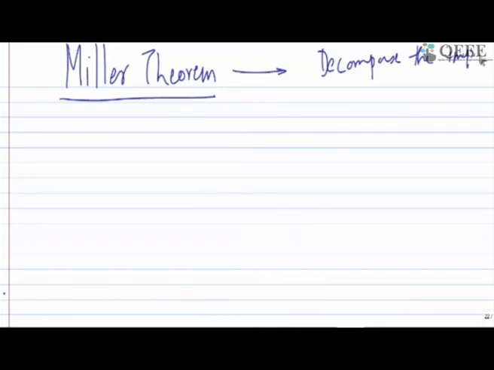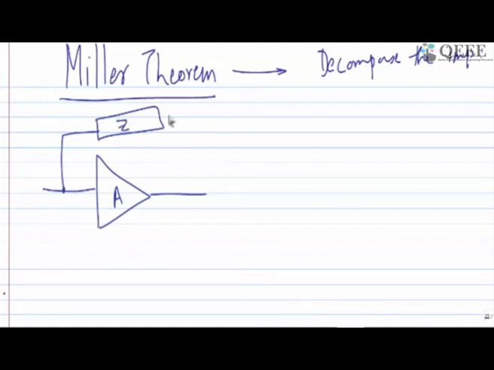The way we want. And what we want is, if there is a gain from here to here, let's call it A, and I took it as positive, and there is an impedance called Z this side. This is Vx, this is Vy.